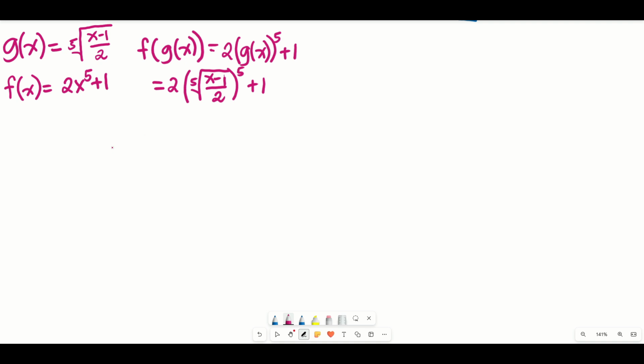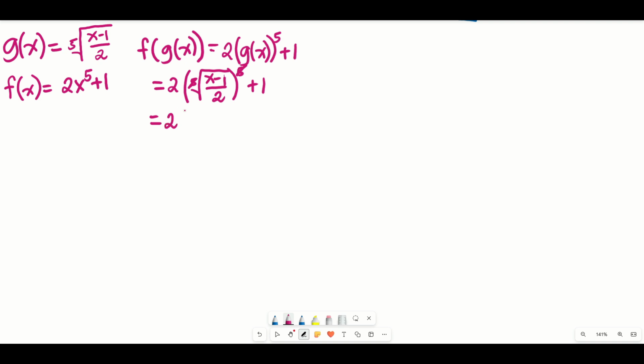to simplify this expression. So dito, I have the fifth root of x minus 1 over 2 raised to 5. So etong pag-extract mo ng root dito na yung pag-extract mo dito ng fifth root, and then itong pag-raise mo dito ng exponent na 5, magka-cancel out lang sila. And matitira yung nasa loob.